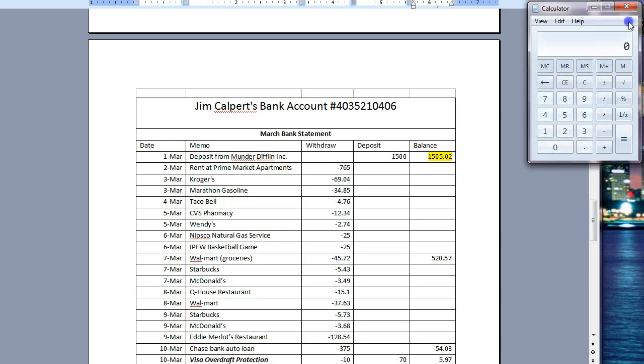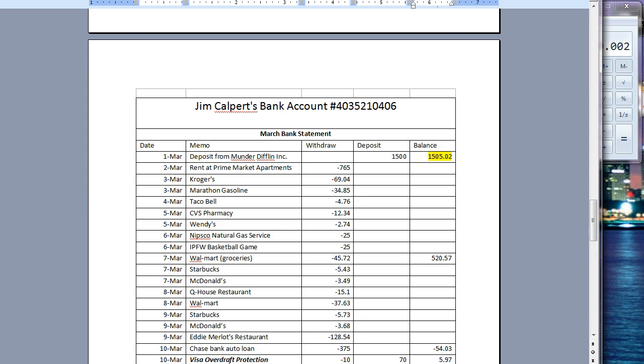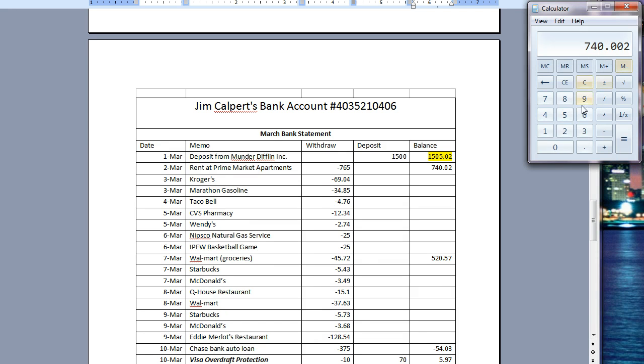So let's get our trusty calculator out. We've got 1,505.02, and we're spending $765 on rent. So now our balance is $740.02. Sorry about that, it should be .02. 740.02. Okay, let's go and clear that out.